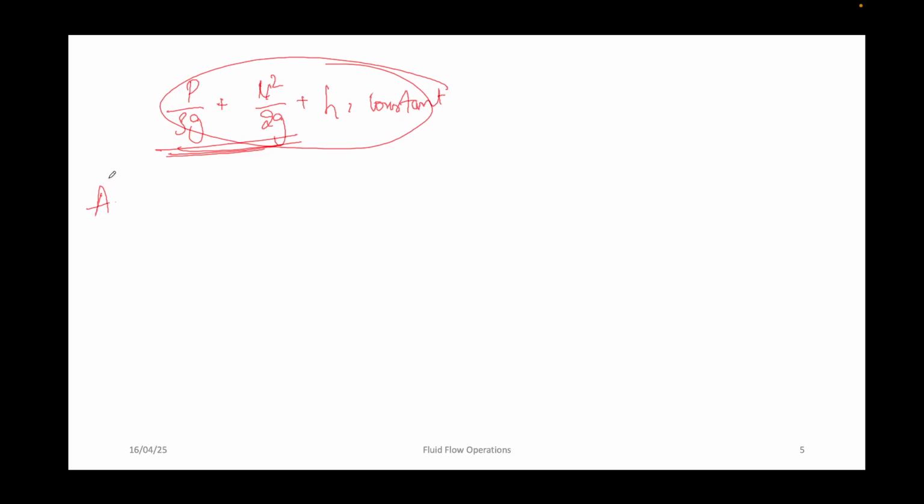And then we also understood fluid dynamics as well. Basically we discussed boundary layer, viscous flow, and boundary layer.